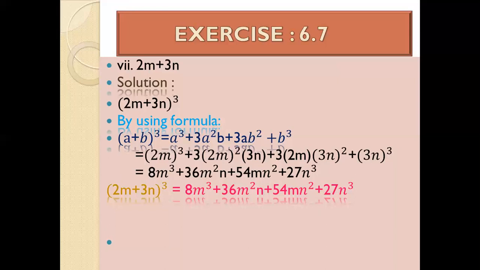Now power will be changed of n and we write here n square plus 3n cube. 3n cube means 3 multiplied by 3 multiplied by 3. 3 3s are 9. 9 3s are 27. 27n cube. Our answer is 8m cube plus 36m square n plus 54mn square plus 27n cube.